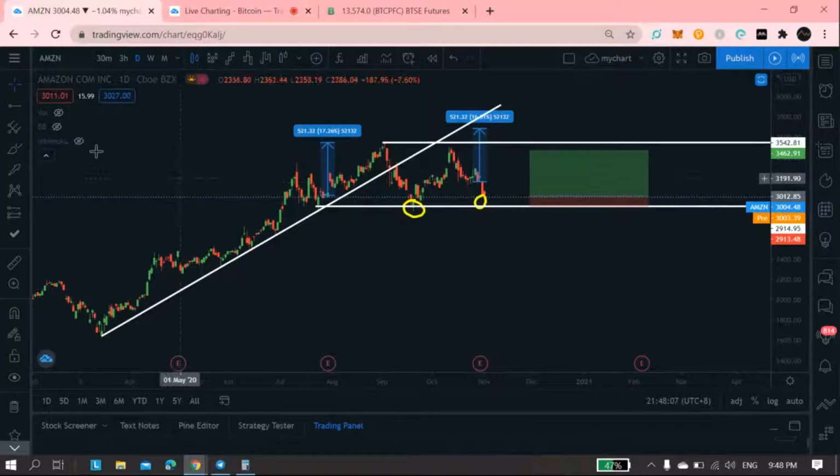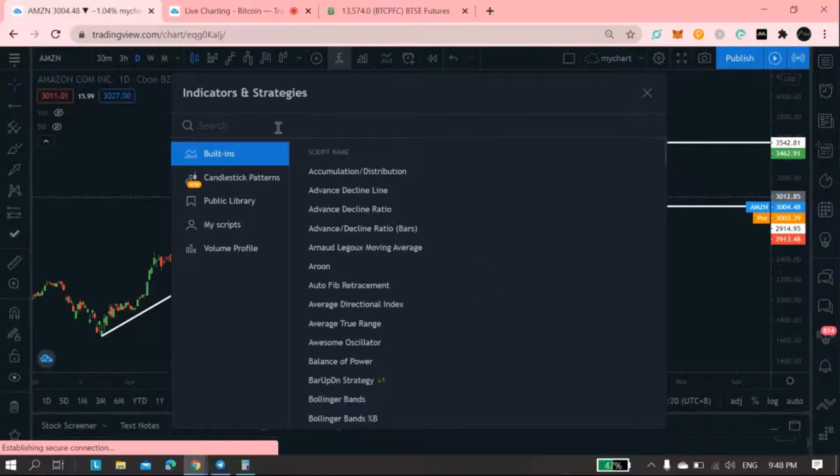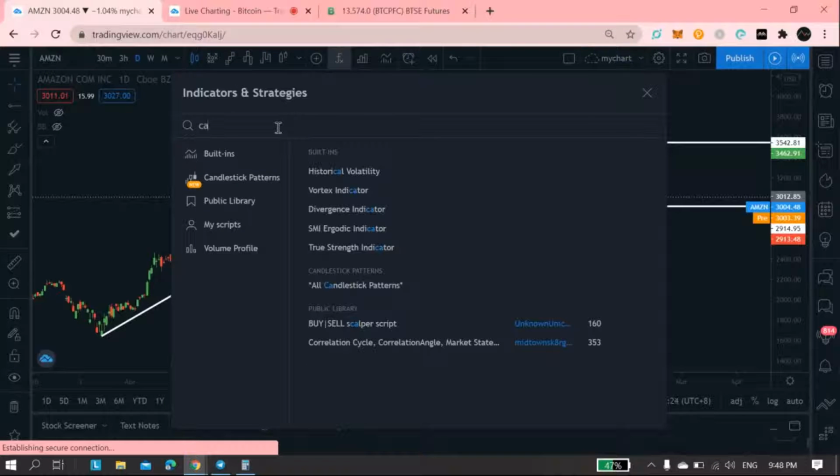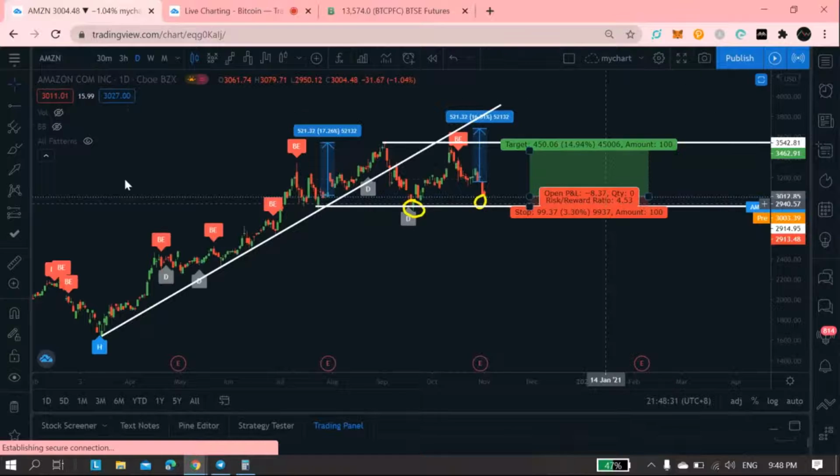Actually, wait, let me just delete this one, and then let me add the, what's that? I think there is actually a candlestick pattern, if I'm not mistaken. Yeah, there is a candlestick pattern. So you can actually use that also.